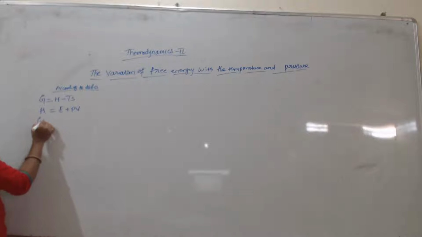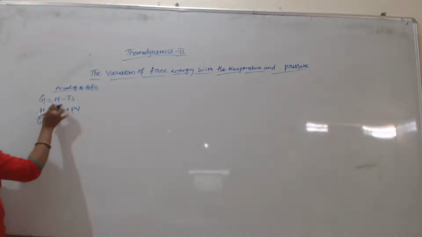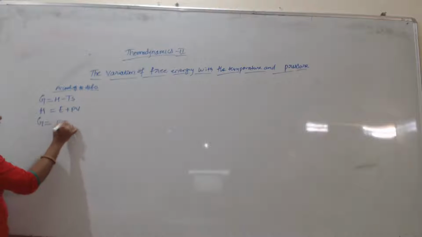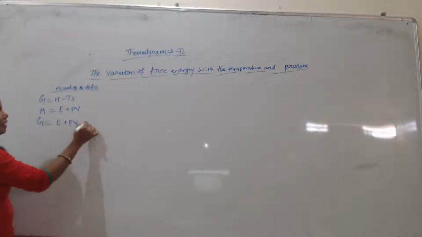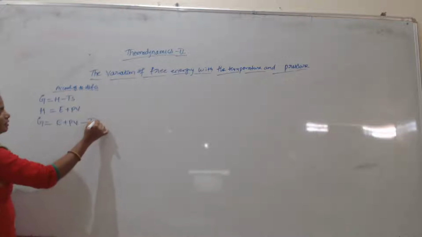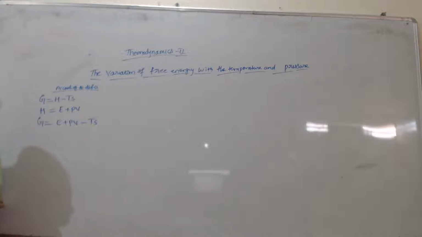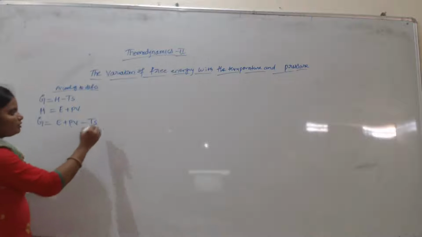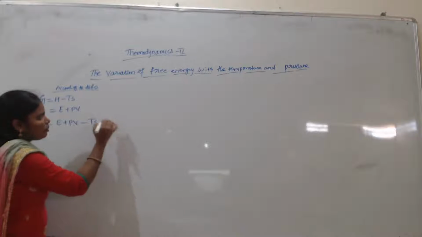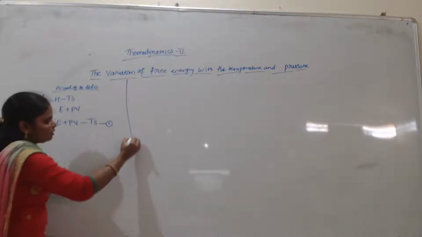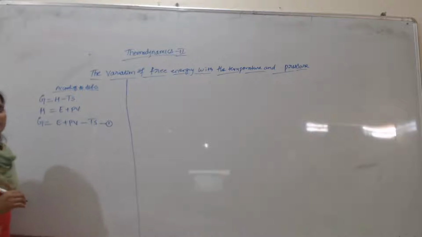That is G is equal to E plus PV minus TS. This is equation number 1.